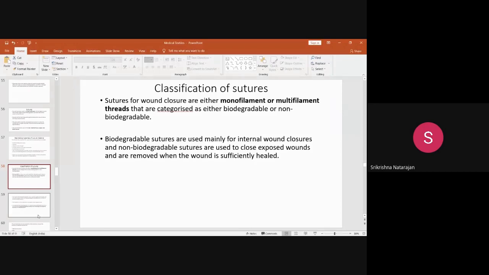That is, outside the skin, you can use the non-biodegradable suture, and once the wound is healed, you can remove it. But biodegradable sutures are preferably used inside the human body, as an implantable material, for stitching blood vessels or internal organs.